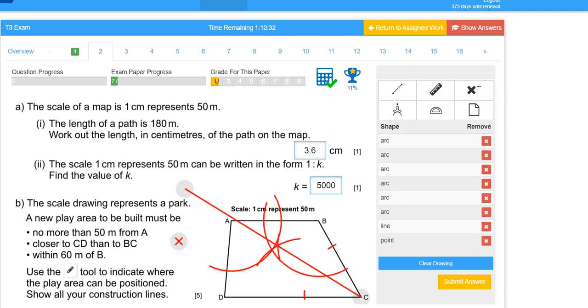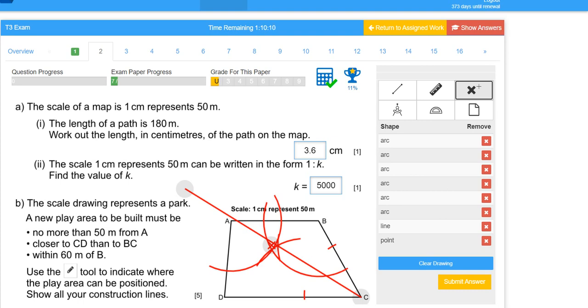So I've dragged a little X here, and I'm going to move my X to somewhere around about here. In this place here, I can see it's less than this arc here. It's less than this arc here, and it's closer to DC than it is to BC. So somewhere around about there is where I can place that construction.